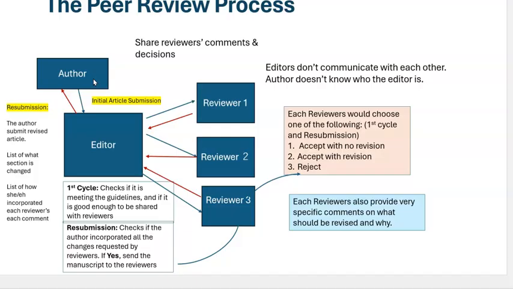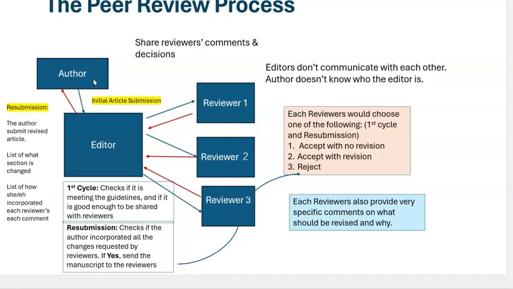However, the author is not allowed to submit a rough draft of the revision or consult with the editor or the reviewers in the process of revision. Usually they're given only one chance to revise, and if they're not able to make the changes that the journal expected after one revision, their manuscript will be rejected.